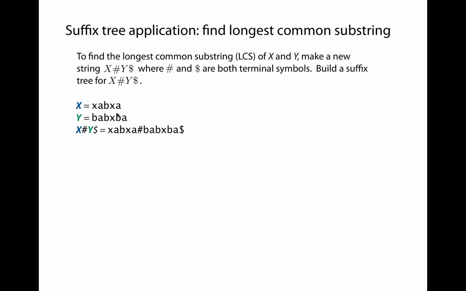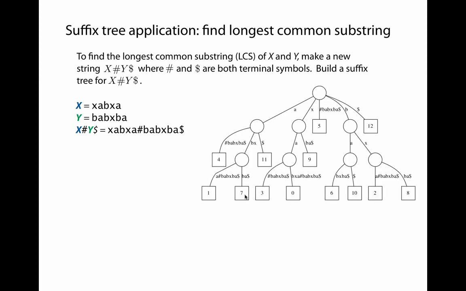So here's our x, and here's our y, and here's our new string, x hash y dollar. And here's the suffix tree that we build for this string. It's a little complicated, but the main thing I want to highlight is that all the leaves correspond to suffixes, and some of those suffixes are non-empty suffixes of x, and some are non-empty suffixes of y.